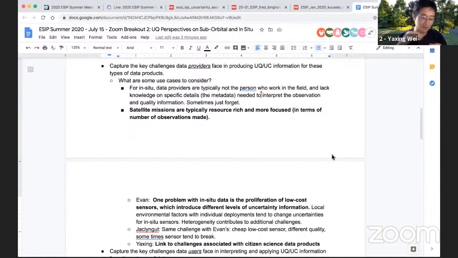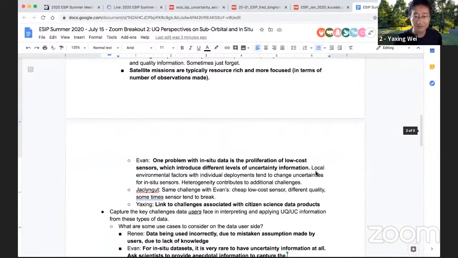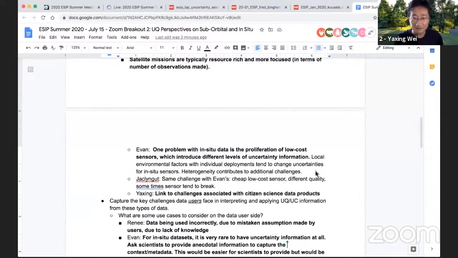Like one airborne observation can make hundreds of measurements. And another problem with in-situ data is the proliferation of low-cost sensors, which introduce different levels of uncertainty.